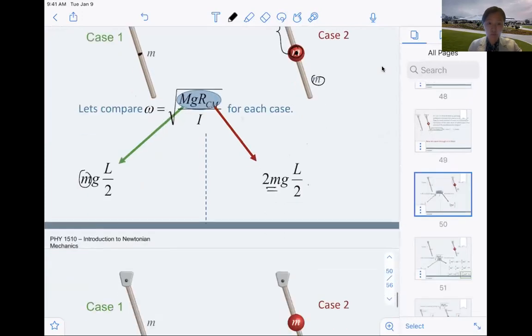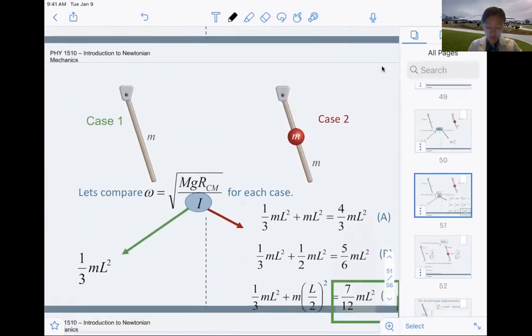In terms of the rotational inertia for these two cases, the rotational inertia for a stick is 1/3 ml squared. Now, this is relative to one end. It's not rotating relative to the center of the mass.